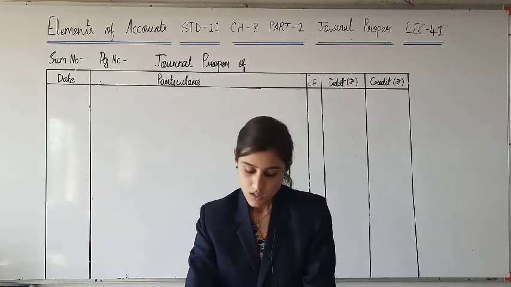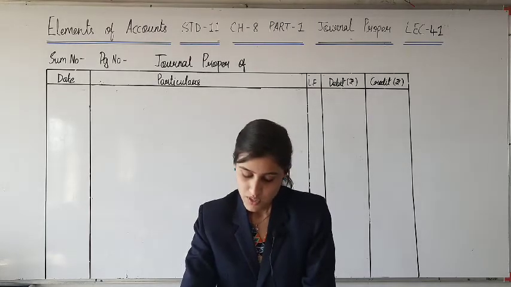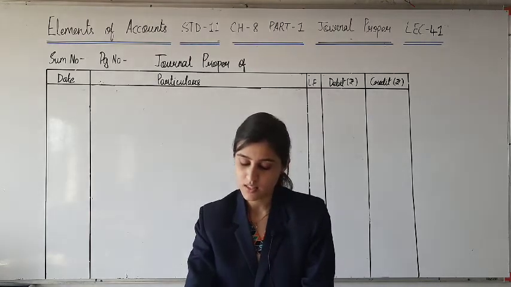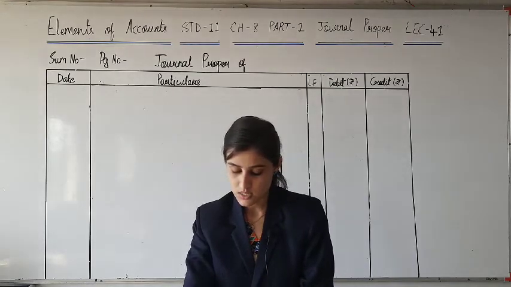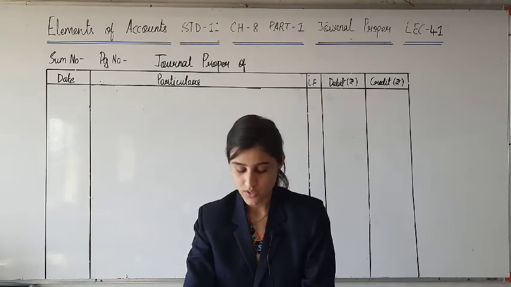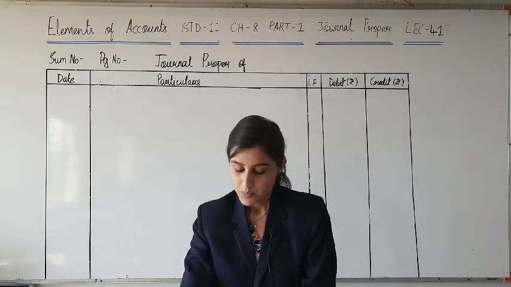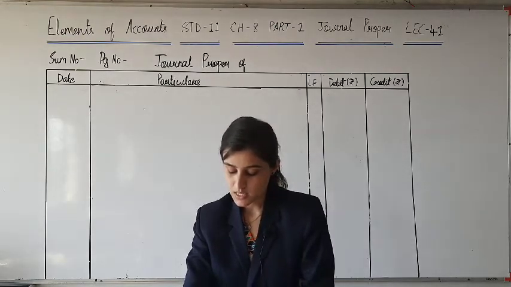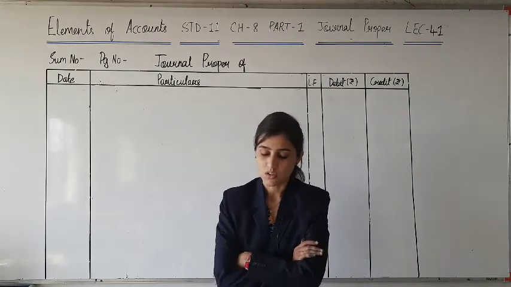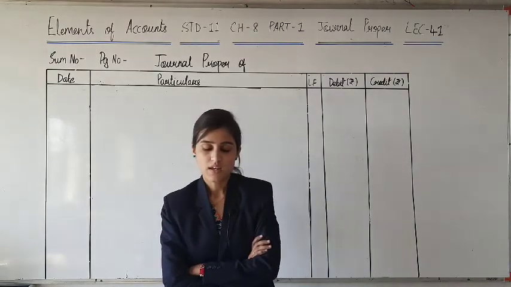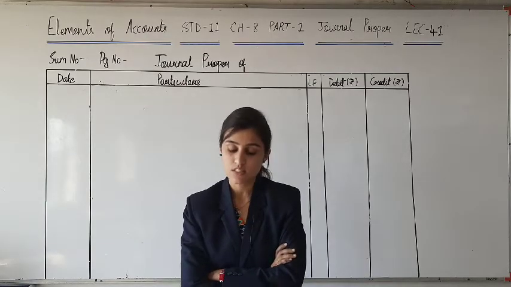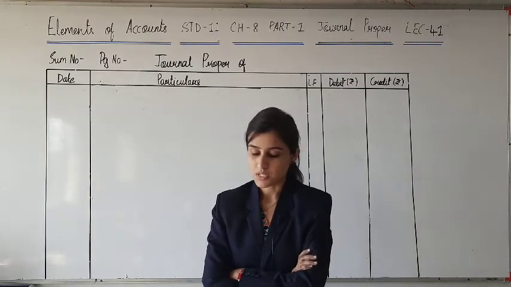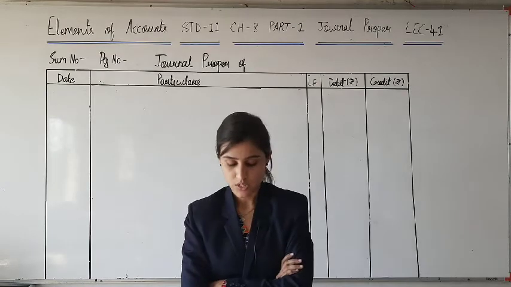Yes? Let us read. Entries passed to rectify the errors committed while recording economic transactions are called as rectification of errors. Many transactions take place in a business during an accounting year and are recorded in the books of accounts. There are chances of errors being committed while making such records.